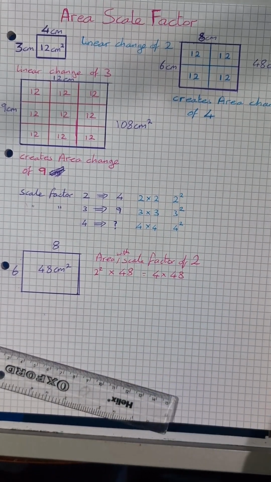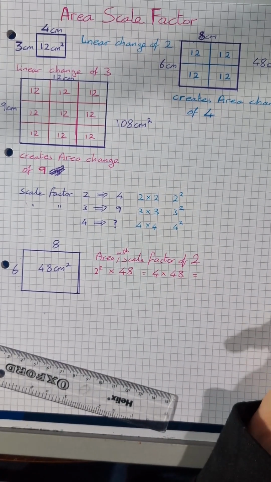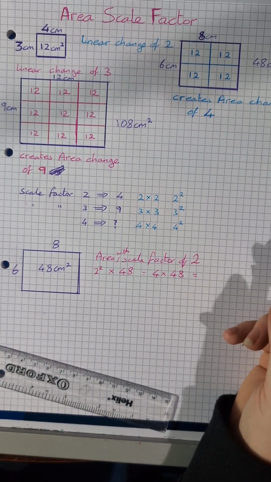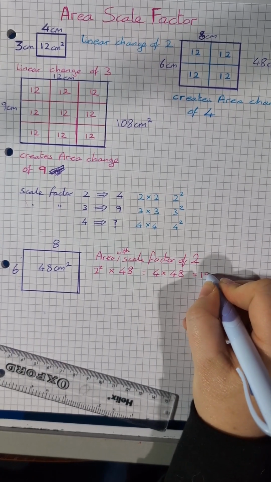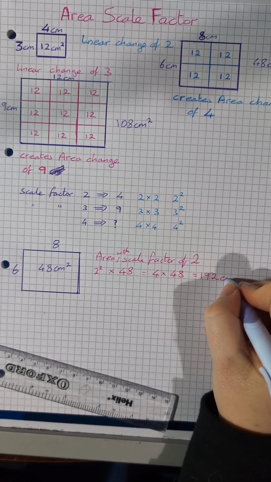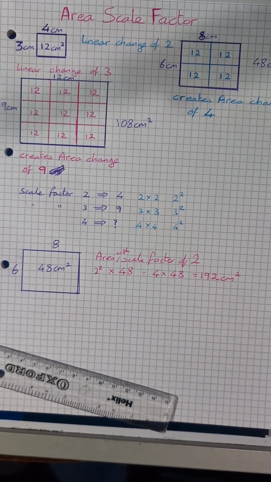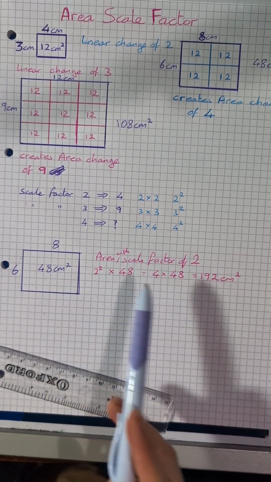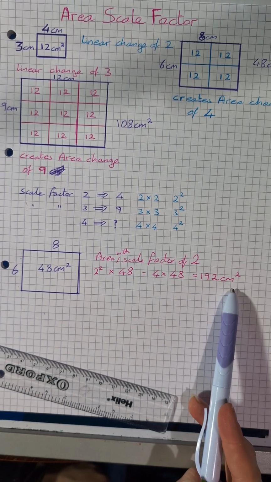And now I'm really wishing I had my calculator. 4 times 48, well, 4 times 50 is 200. This is 2 less, so 2 less would be 8 less. 200, so I got 192 centimetres squared. So a similar shape that's been scaled by a scale factor of 2 would give us an area of 2 squared times 48, which is 192.